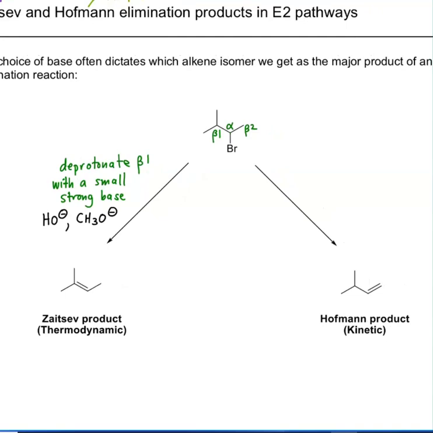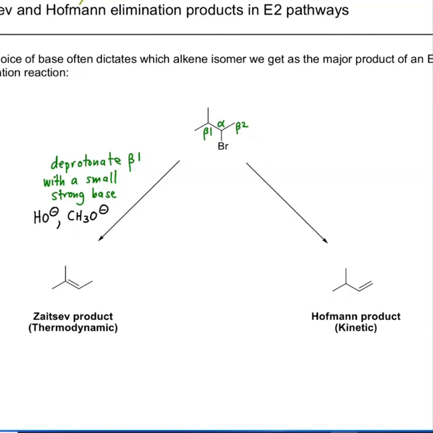By contrast, let's say that you wanted to form the less substituted alkene, which is shown down below on the right. That's called the Hofmann product, and sometimes people refer to this as a kinetic product because depending on the base you use, it would form faster than the Zaitsev product. Those are ideas that we're going to push on later on in the second semester, so you don't have to worry about kinetic versus thermodynamic per se right now, because we'll talk about that another time.